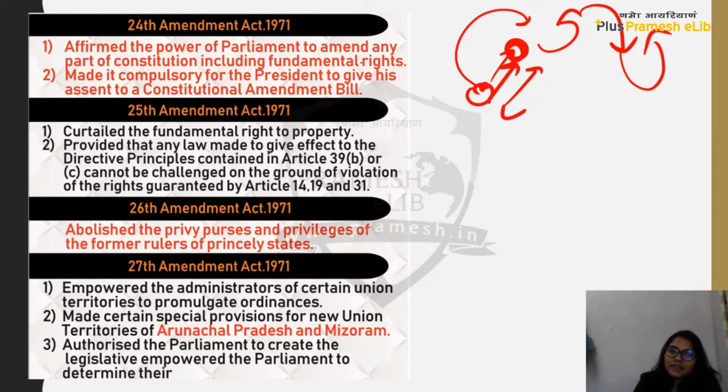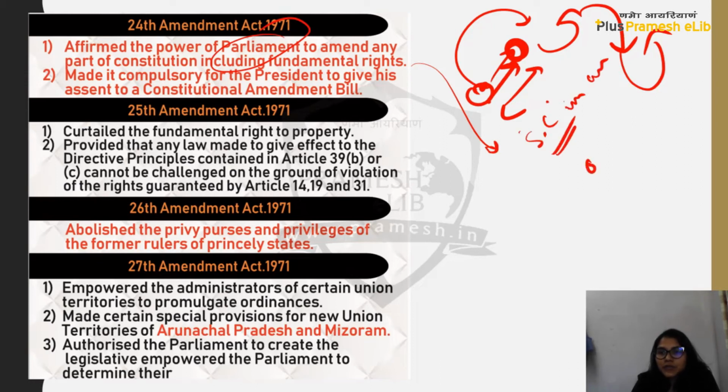So parliament passes this act to ensure that it can amend any part of the constitution, including fundamental rights. And why has parliament done that? Because the Supreme Court, in an earlier case called the Golaknath case, mentioned clearly that fundamental rights are sacrosanct.